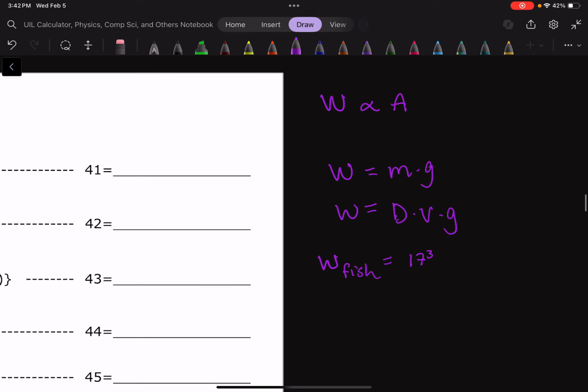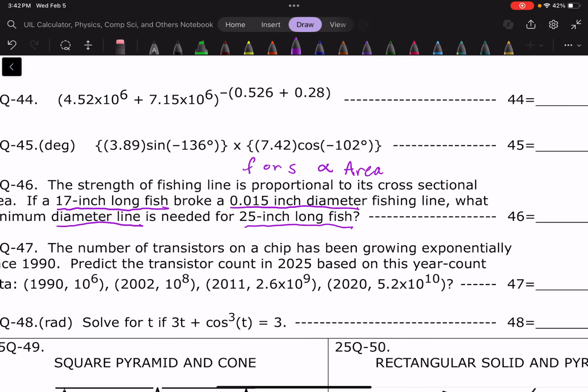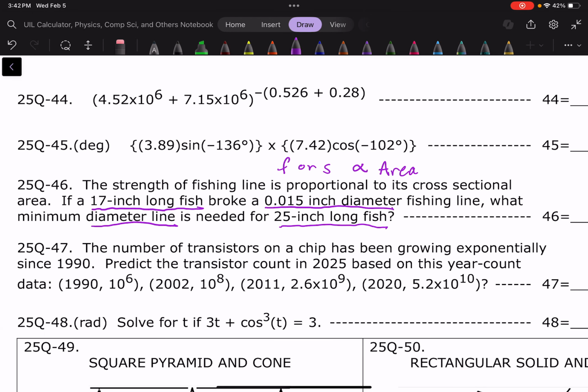And that is going to be tolerated by a line that is 0.015 inches in diameter. So here, whether we're doing radius or diameter doesn't really matter because that conversion factor will cancel out in the comparison. So as long as both of these are diameters, I'm just going to use those numbers.